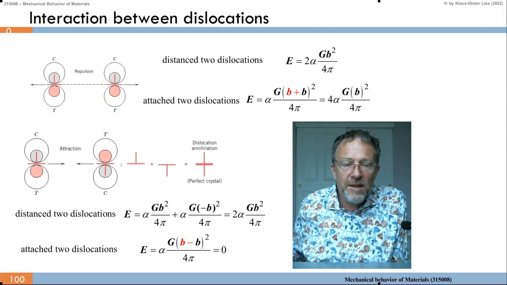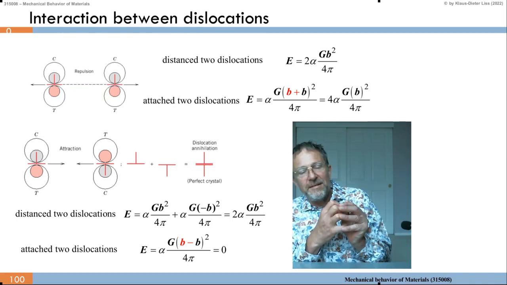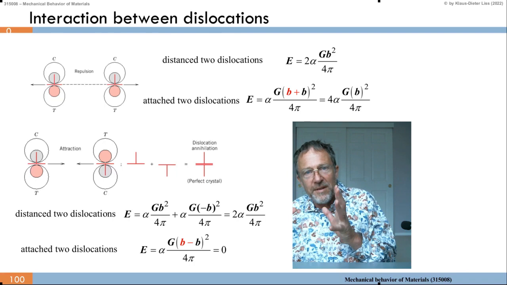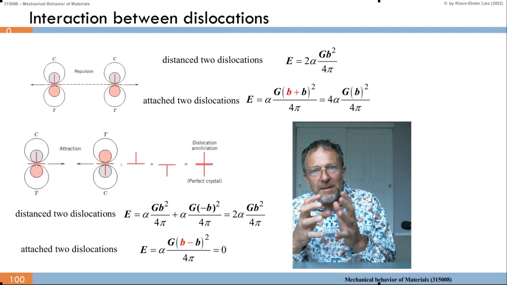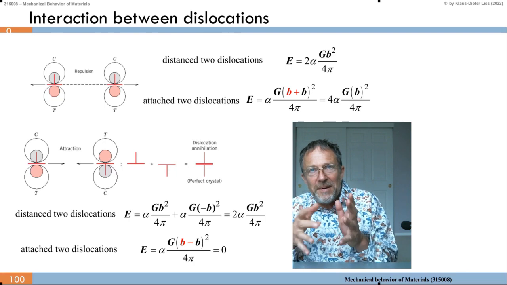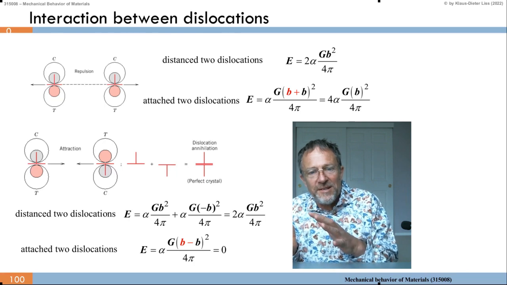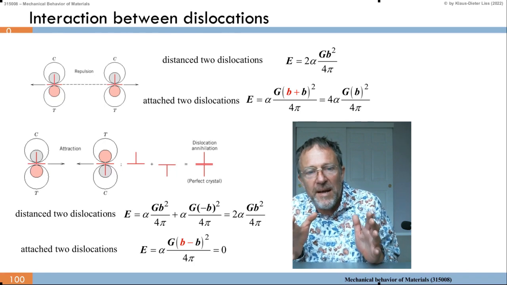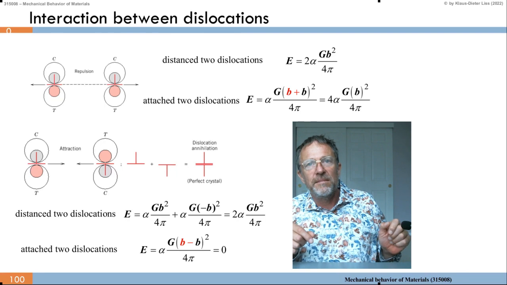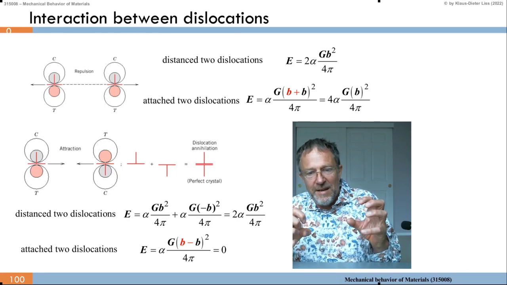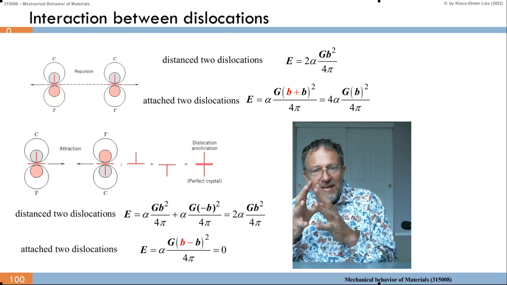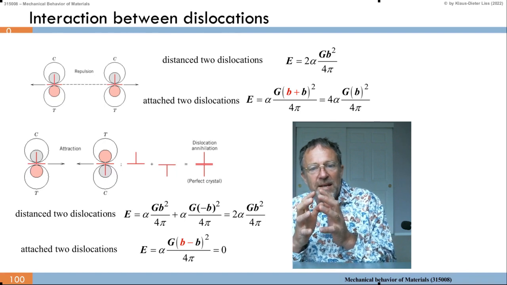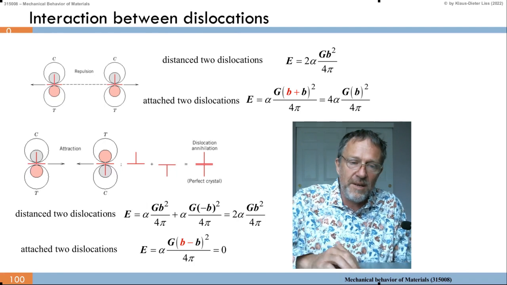What's happening to the energy? I have a compressed region, I have a tensile region. That gives me tensile energy, this gives compressive energy. I bring them together, and this compression and tensile expansion more or less cancel each other. It depends how much they overlap. So I have less energy. A compressive and a tensile region annihilate each other, the stresses. They compensate each other. So that lowers the total energy.